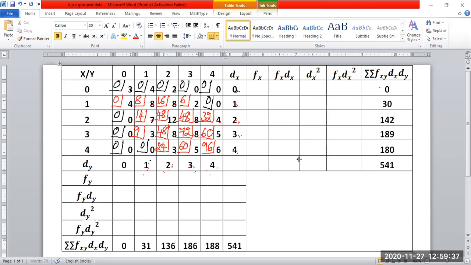Okay, 541. Let me go to the calculation. Again, I'm opening the whiteboard. The capital N is 100.